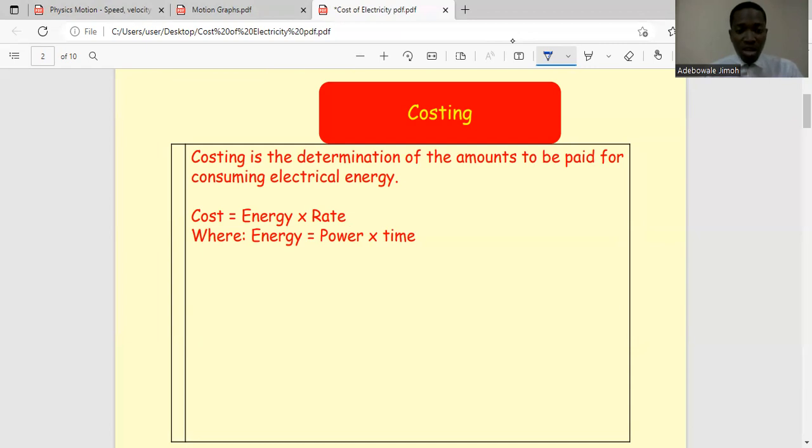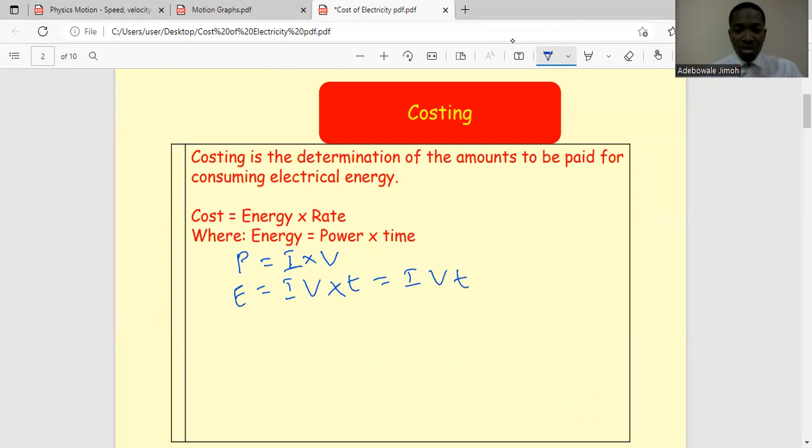Do not forget that energy itself is equal to power multiplied by time. Since we are dealing with electricity, always remember that the formula for electrical power is current multiplied by voltage. Hence, electrical energy is power, which is current multiplied by voltage, multiplied by time, that is IVT.